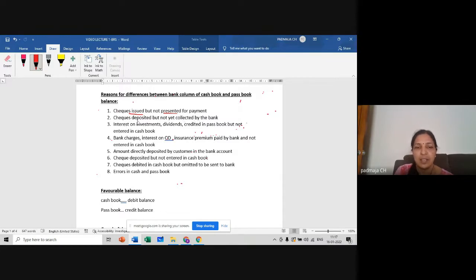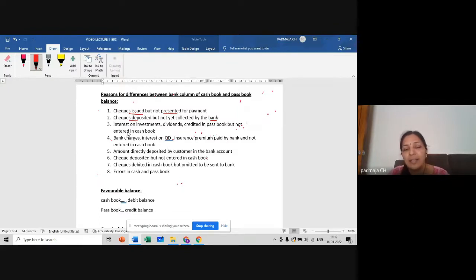In the same way, sometimes checks are deposited, but they are not yet collected by the bank, which means they are not recorded in the passbook. So there exist differences. In the same way, there are certain items which are recorded in the passbook only, and the trader is going to record them in the cash book only when he gets an intimation from the bank.